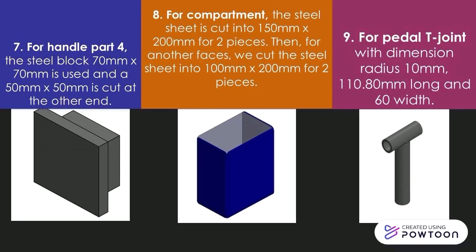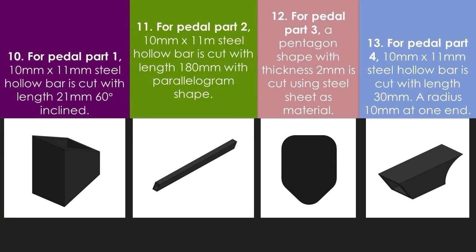For pedal T-joint with dimension radius 10mm, 110.8mm long and 60mm wide. For pedal part 1, 10 x 11mm steel hollow bar is cut with a length 21mm 60° incline. For pedal part 2, 10 x 11mm steel hollow bar is cut with a length 180mm with parallelogram shape.